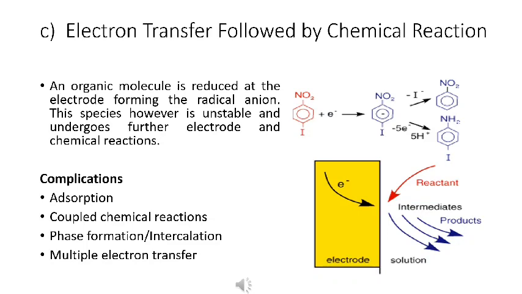It will undergo an electrochemical reaction with one electron transfer, then produce a product which is a radical or an ion, which is an unstable product. This unstable product will undergo a chemical reaction by eliminating the iodide to form nitrobenzene.